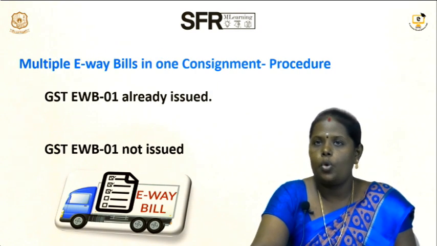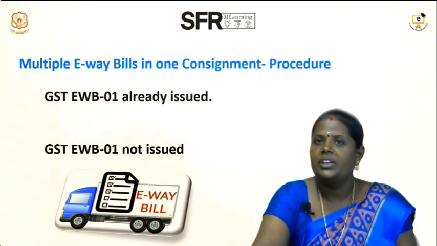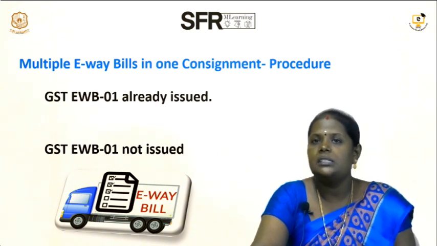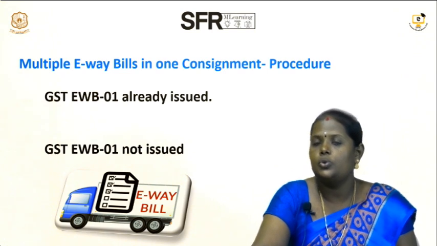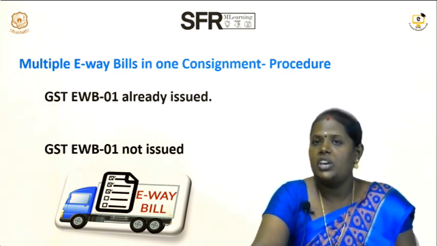Then let us know about the multiple e-waybill in one consignment procedure. In that we have two cases: GST EWB 01 already issued, and GST EWB 01 not issued. If we have already issued the e-waybill but have changes in the consignment, that is a multiple consignment.